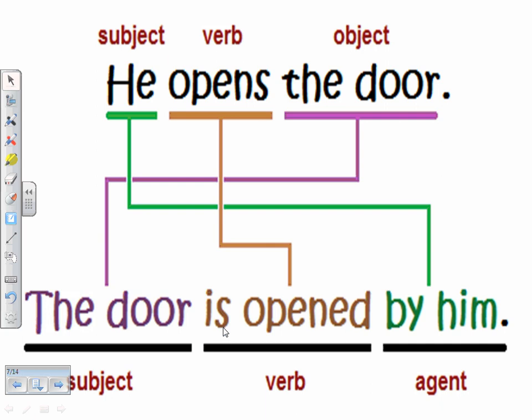The main verb and the helping verb, verb to be, is in the singular form, and the main verb is in the past participle form. By him. Someone does something. He opens the door. Something is done by someone. The door is opened by him.